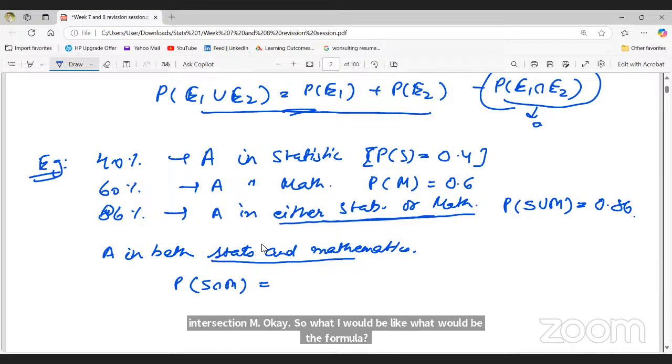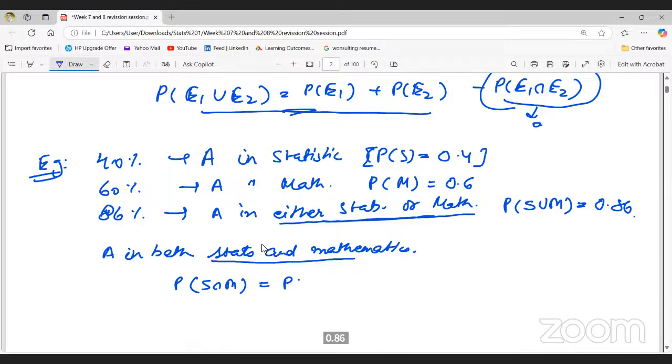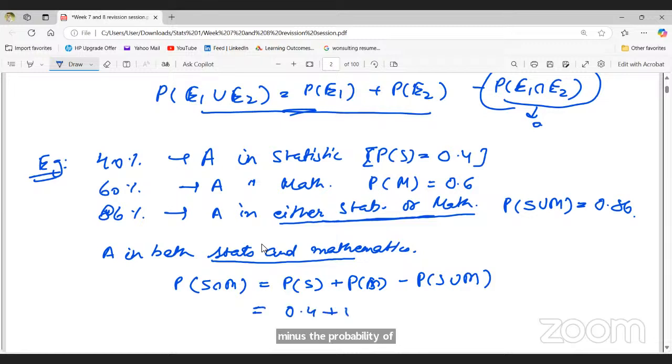The probability of S intersection M is the probability of S plus the probability of M minus the probability of S union M. So it would be 0.4 plus 0.6 minus 0.86, which is equal to 0.14. Is it fine? Yes, ma'am. Correct. Okay.